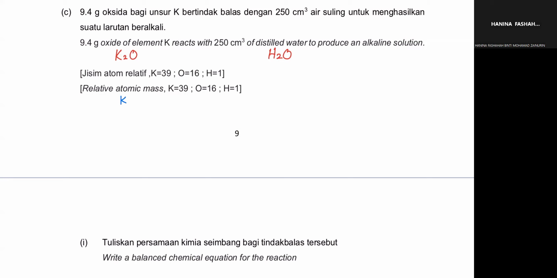K2O has 2 K and O. H2O has H and H. So what happens? They form KOH. How many KOH do they form? They form 2 KOH, because alkaline means OH minus.